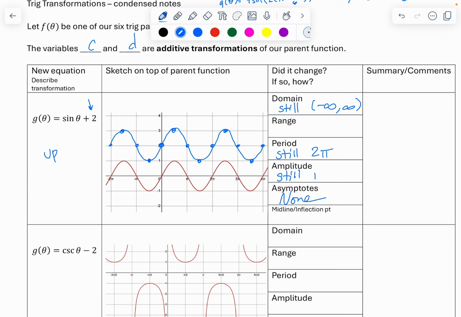So this was a shift up 2. The midline used to be y equals 0, and now it went to y equals 2. The range was -1 to +1, but when I shifted up, it went from 1 to 3. So this D value will shift my entire graph up, and there we go.